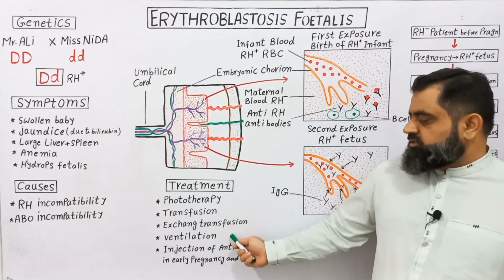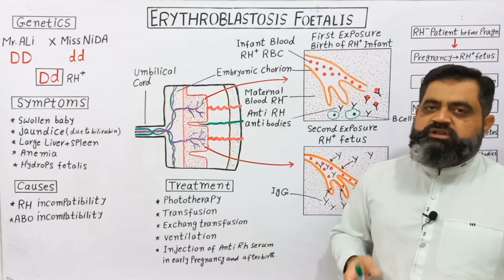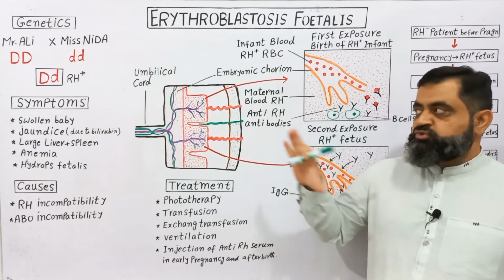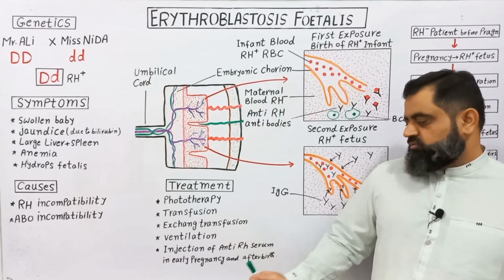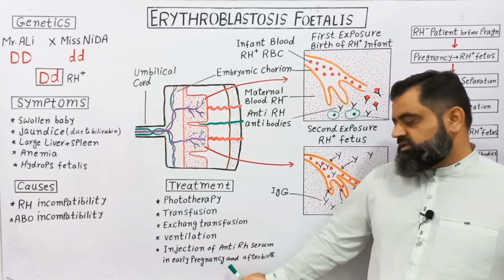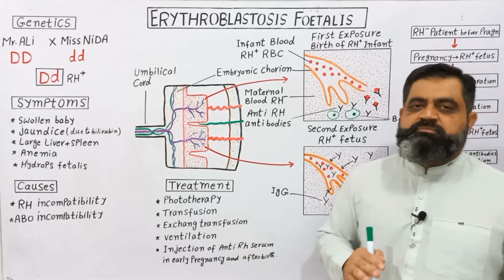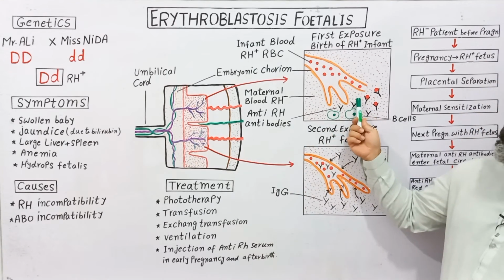But sometimes there is a very simple method to treat this disease: when we know that this is going to happen, the mother is injected with anti-Rh serum in early pregnancy and after birth. So what will happen when the placenta detaches and blood capillaries rupture?